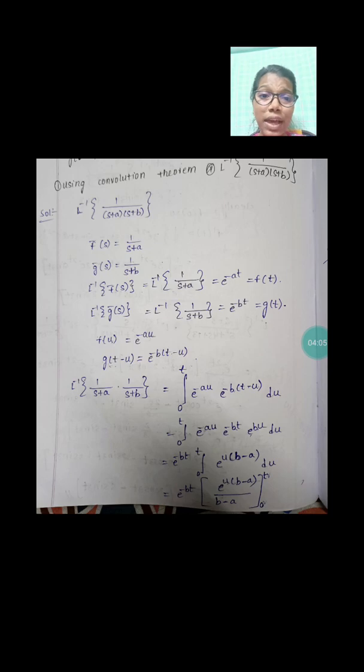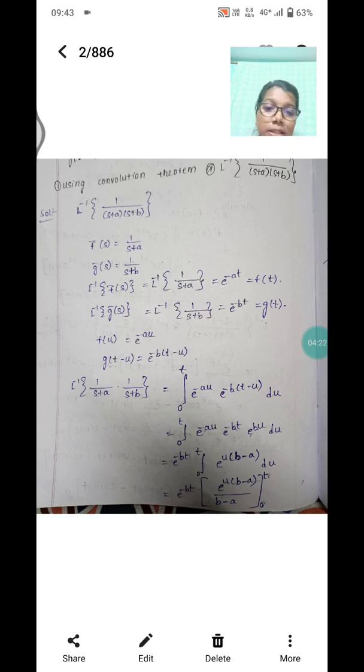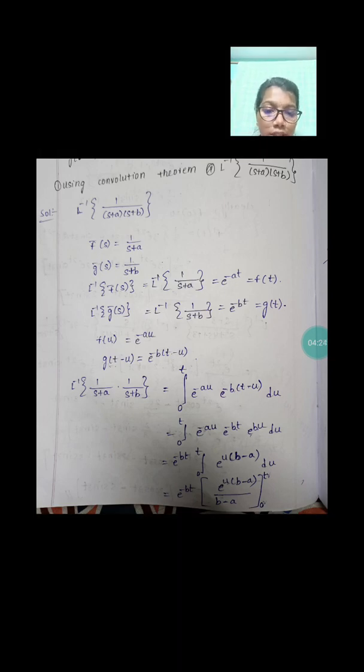Next step, the integral from 0 to t of e power minus au and e power minus b into t minus u. We split minus b into t as minus bt, and minus b into minus u gives plus e power bu du.